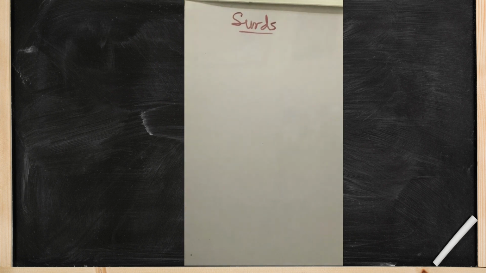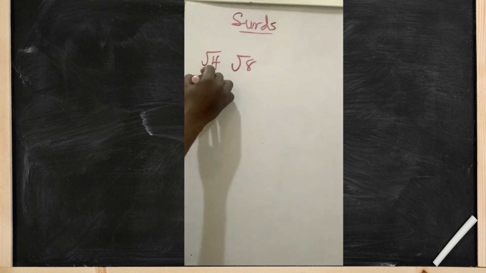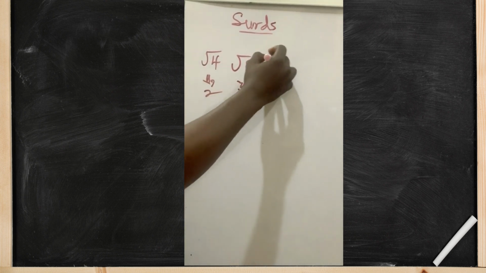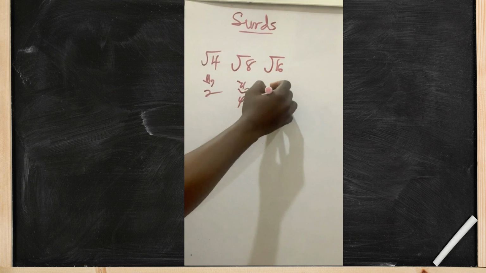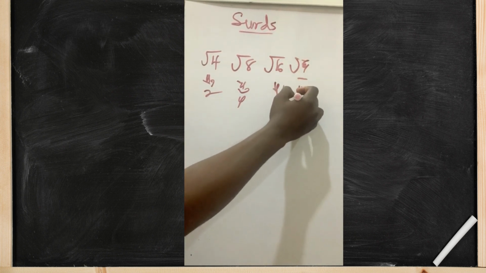So what we are saying in essence is this. A surd is a number that does not have a direct square root. When you talk about the square root of 4, the square root of 16, the square root of 9, these are 2, 4 and 3.